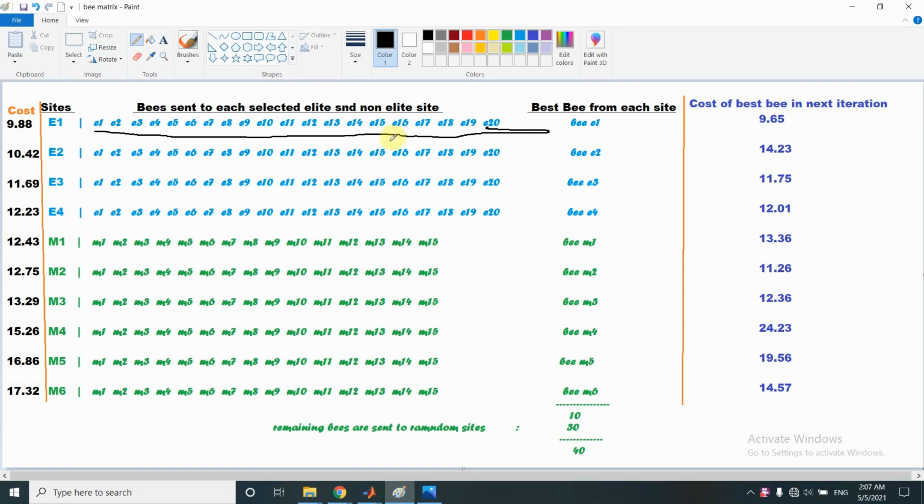Now, among these 20 bees for site E1, we select the best bee among these 20. Similarly, for site E2, we select the best bee among these 20. Let's say that of the 20 bees sent to site E1, E8 has the best cost.